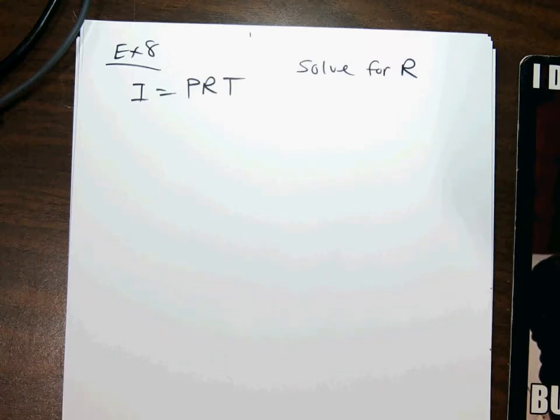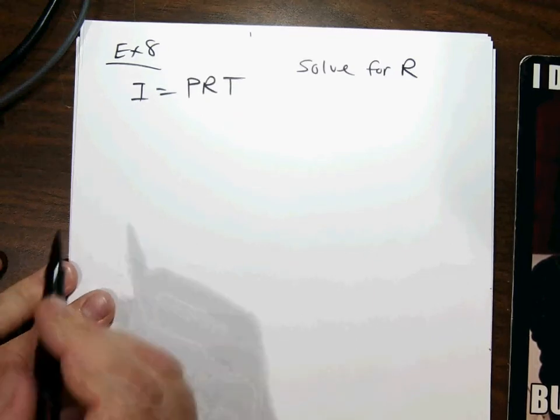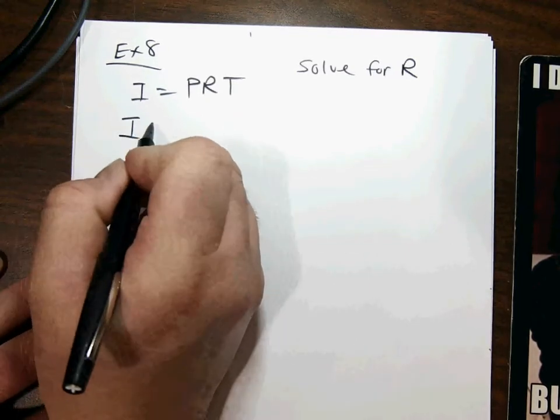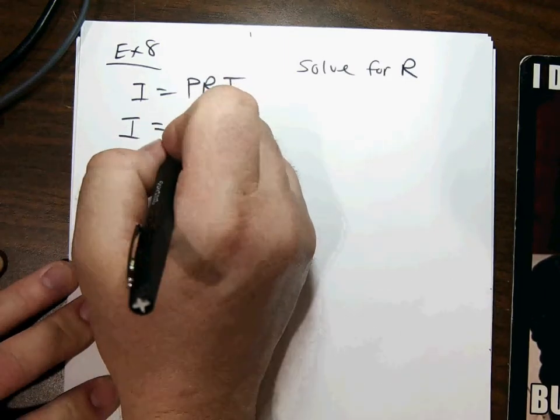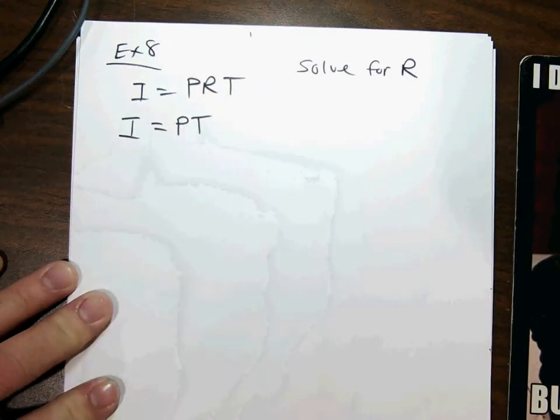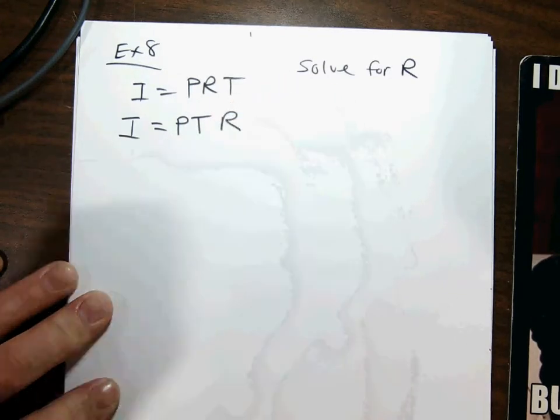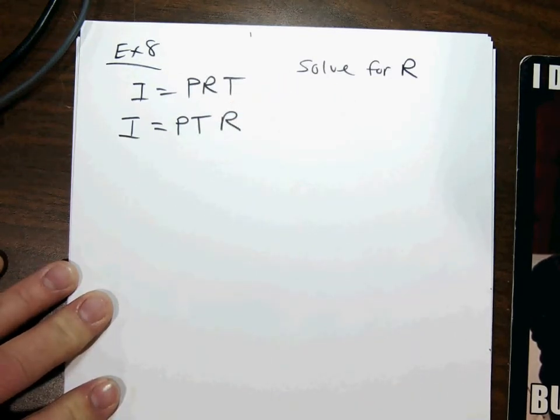What's the relationship between P, R, and T? They're all multiplied together, right? Well, when I multiply numbers together, the order's not important. Agree? So if it makes me feel better, I can put the P and the T kind of together in front of the R. All agree with that maneuver?